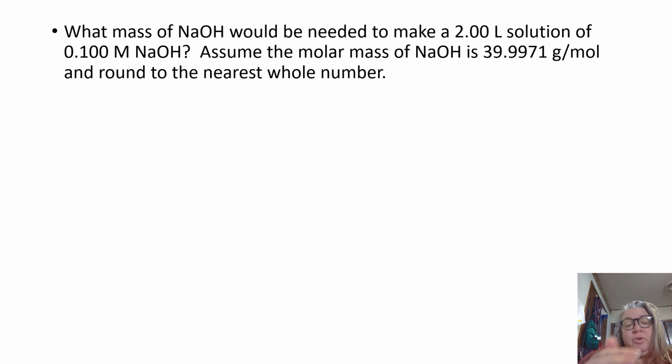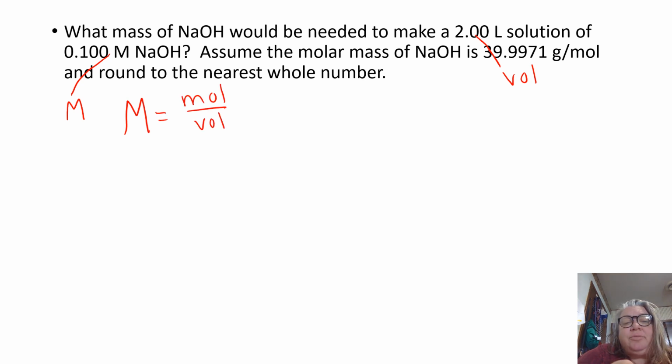So on this one, we're going to start by looking at the idea of molarity and solving for the required part. For this one, you're told what the molarity is, so that's what that concentration is, and then you're told what the volume of that solution is. Now if you remember, we have this equation, molarity equals moles over volume.